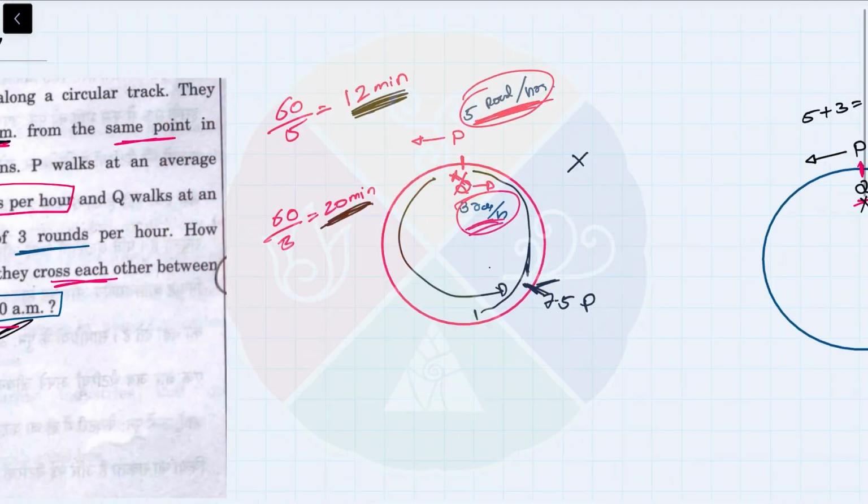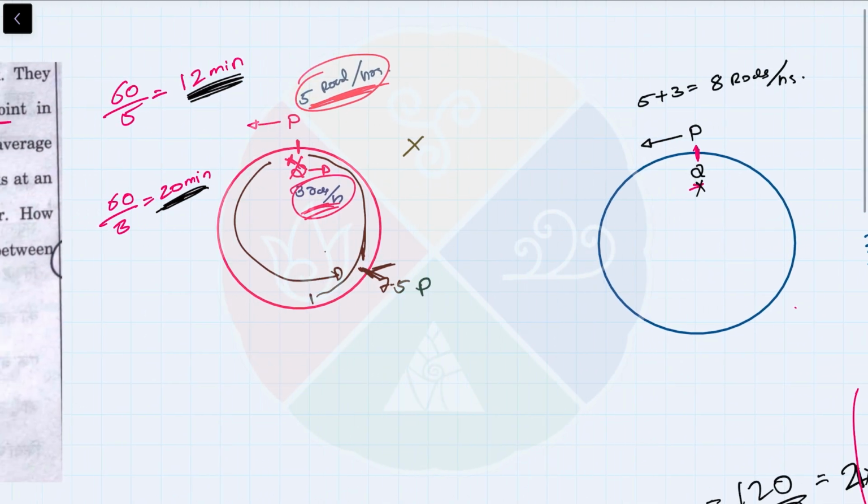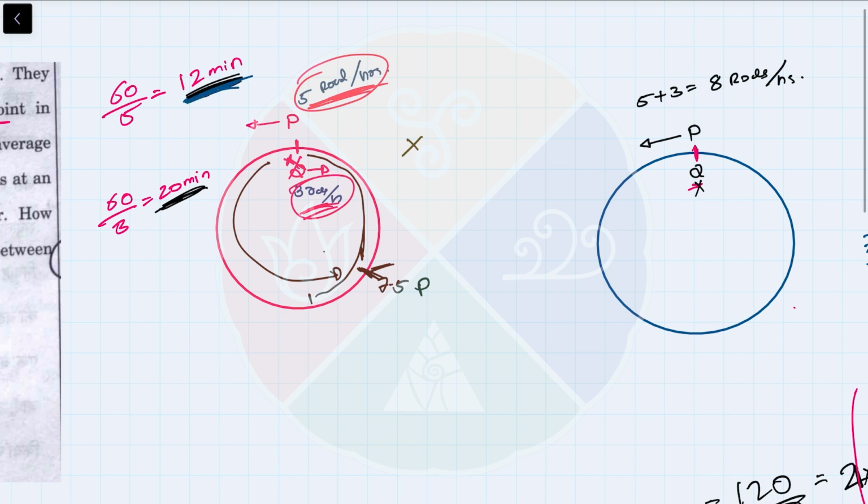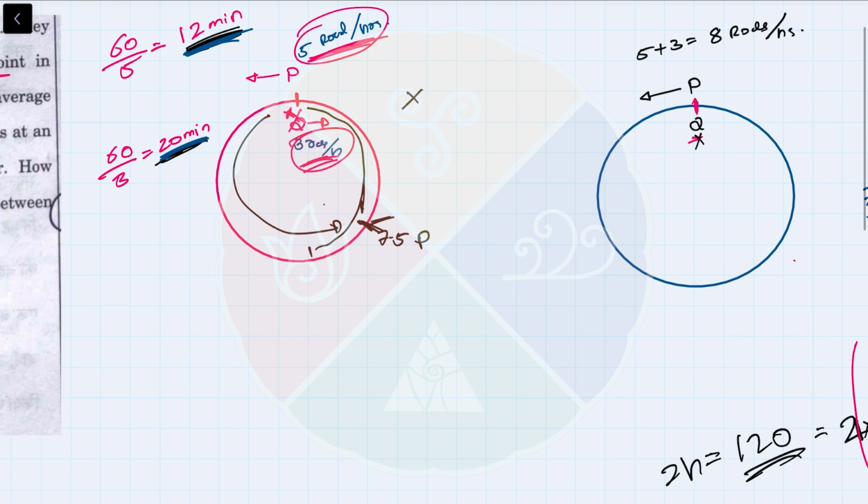Okay. Now for this scenario, for one round, the first person is taking 12 minutes and the second person is taking 20 minutes. Let's assume that the total distance per round is d, or you can take some number which is evenly divisible. For example, I am going to take 120 meters.